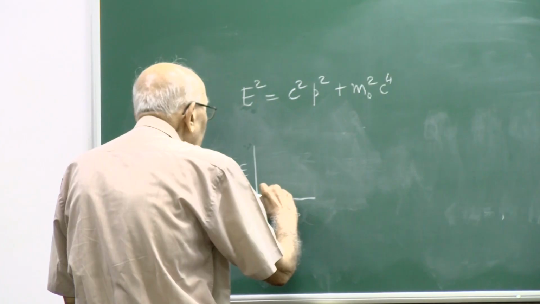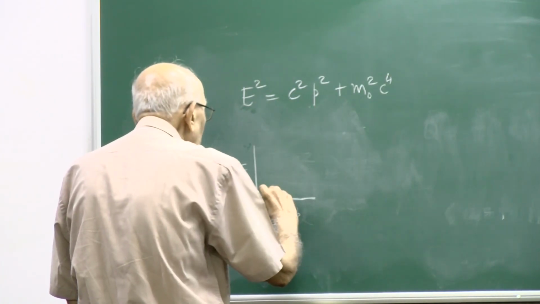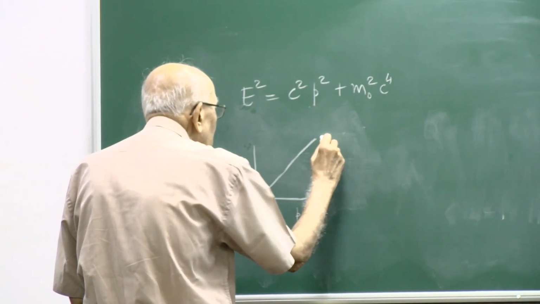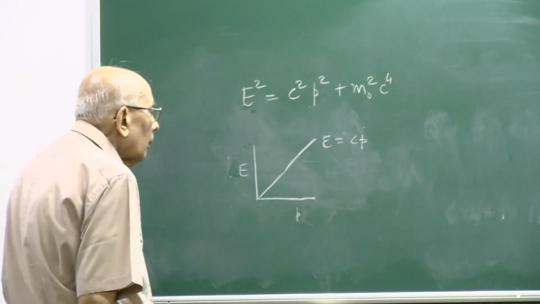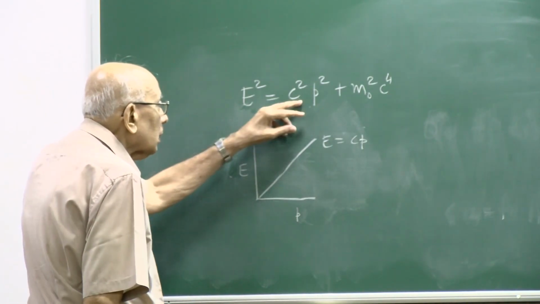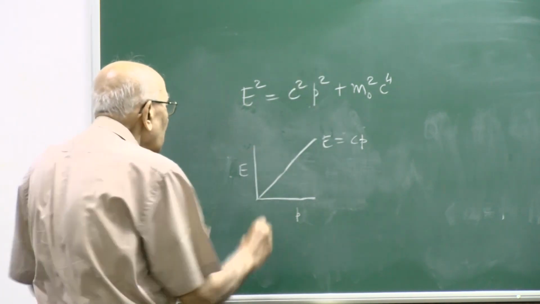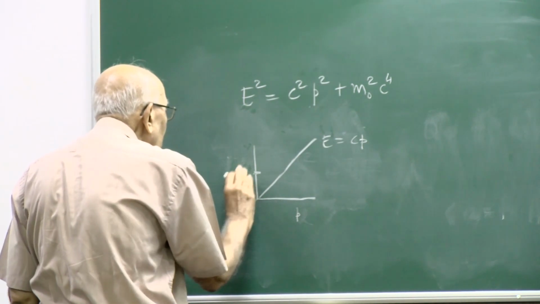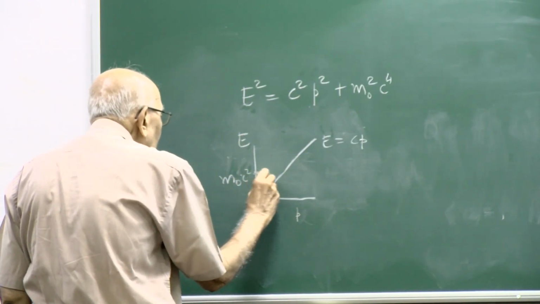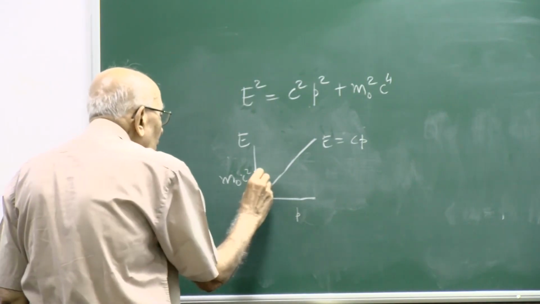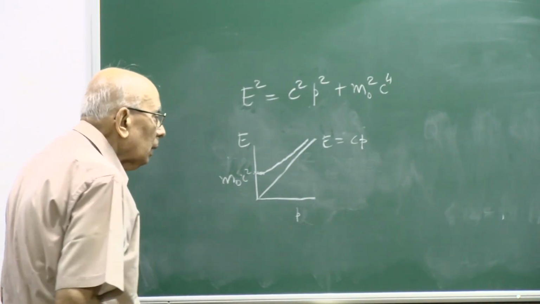So asymptotically, when P is much larger than, when this is much bigger than that, E is approximately cP. So this line is E equal to cP. When this term is comparable to that term, in fact, when P is 0, E is m naught c squared. So it starts here. It's called the rest energy at 0 momentum, and then it asymptotically approaches E equal to cP.